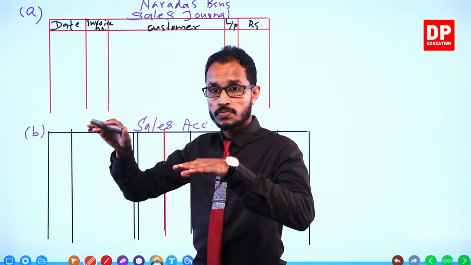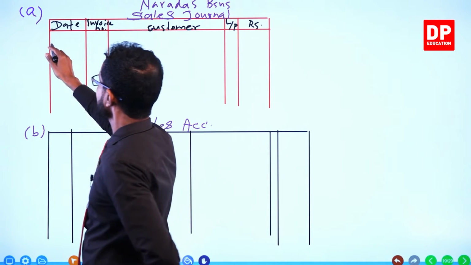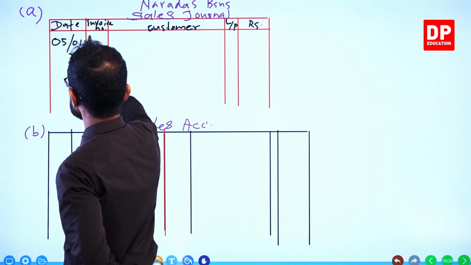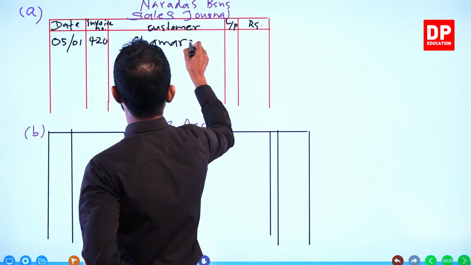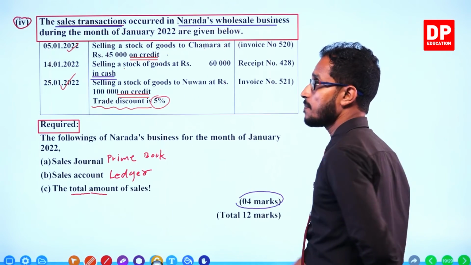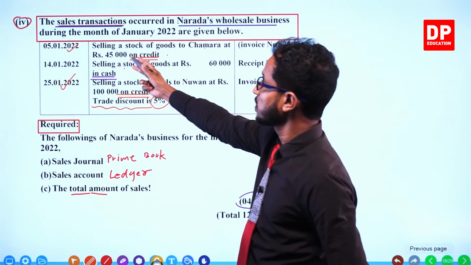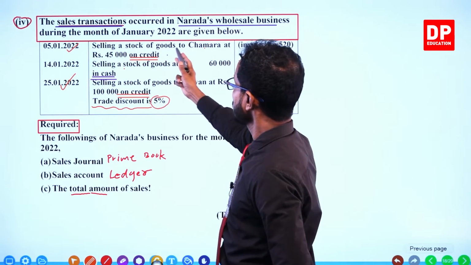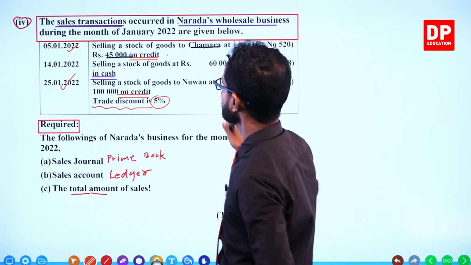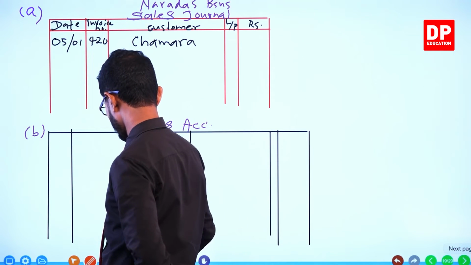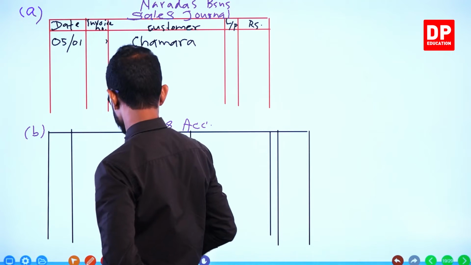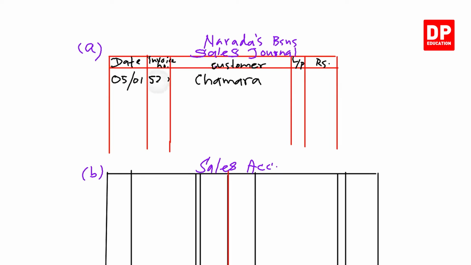So 5th January, Chamara, invoice number 520, 45,000.